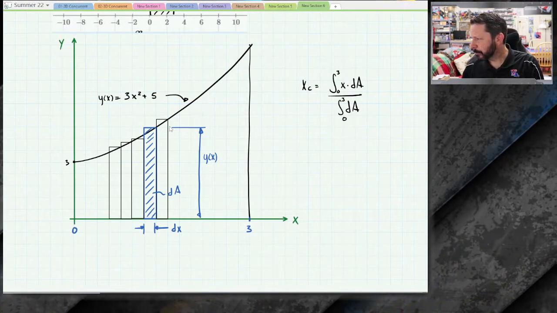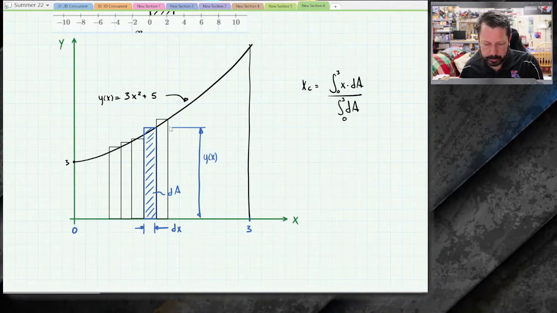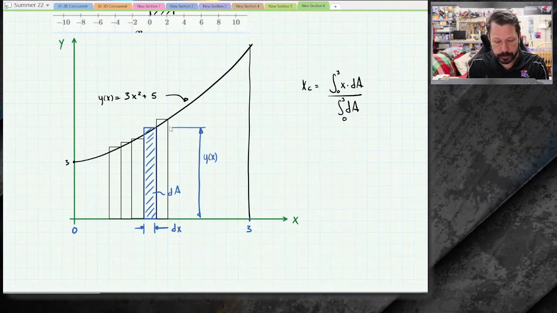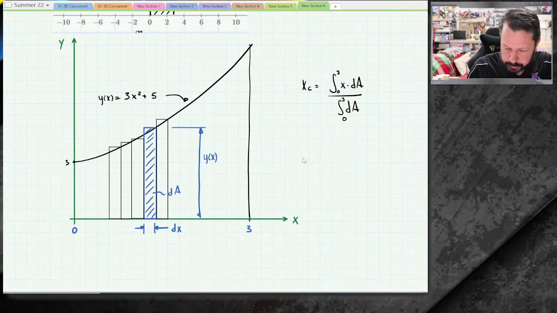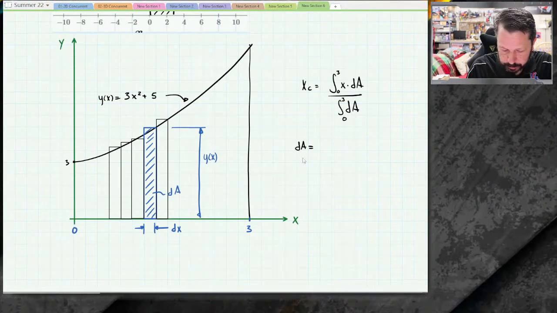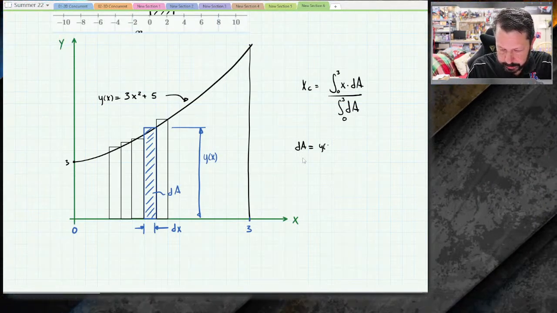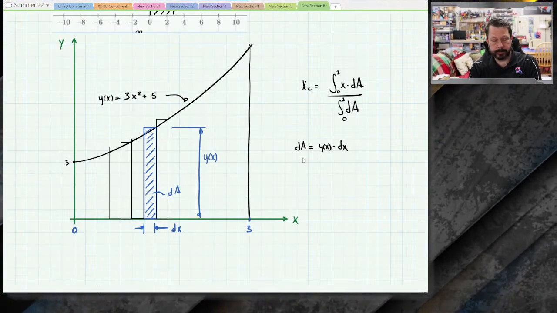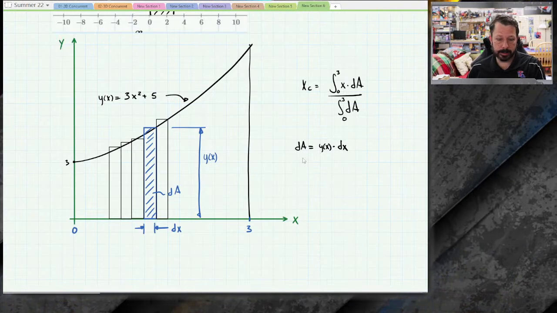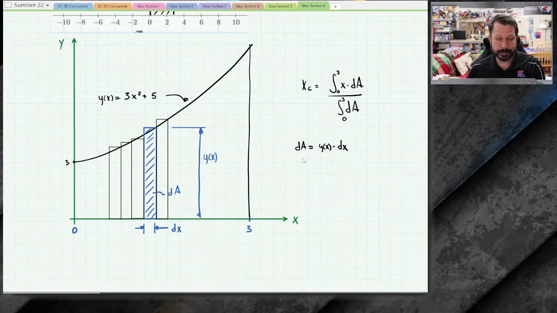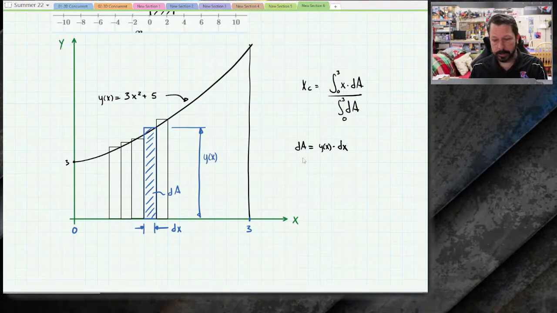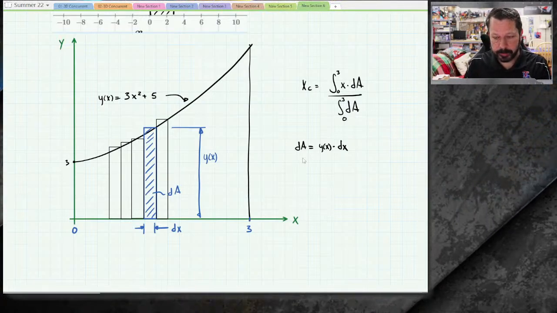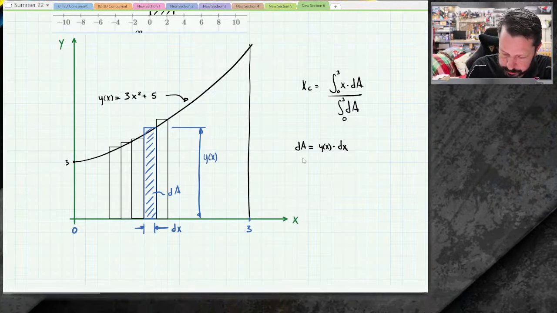Okay? So dA, the area of the little integral strip that I'm working with here, equals y of x times dx. That's the way I would calculate that area that I shaded in blue. I would take its height, multiply it times the base, which is y of x times dx, and that would give me dA.